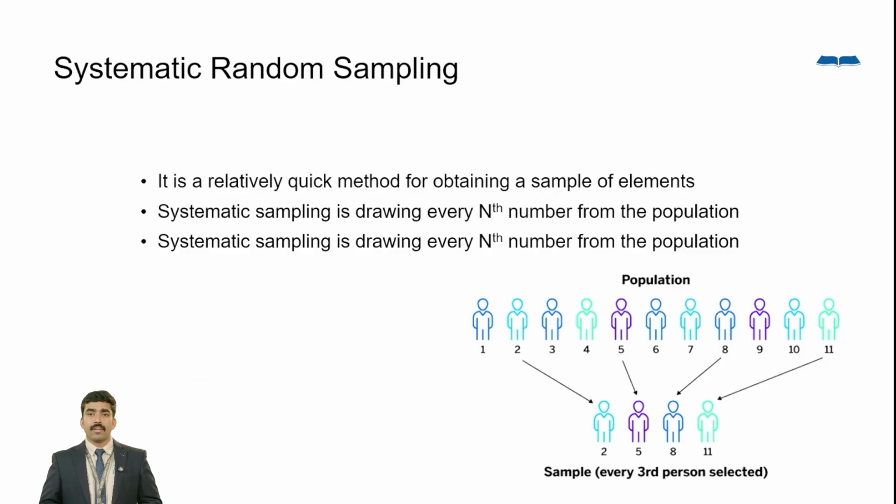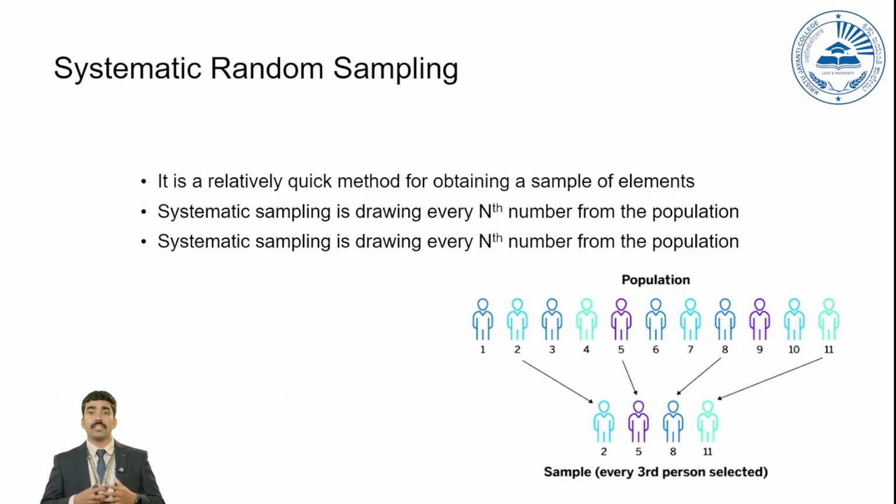For example, your population is 100. That means the group you are trying to do research on is 100. If you only want 10 members from the group, you select every 10th member. That means you will be getting 10 members, and these 10 members will be representing the entire population. So you'll be getting a randomized way of selecting.